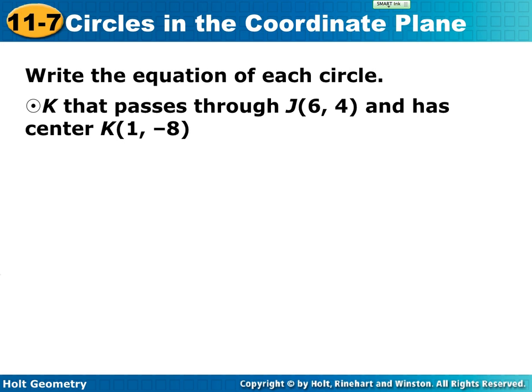You know its center and you know a point it passes through. How do you figure out the radius? Distance. You need to know the distance between the center and that point. So distance formula.